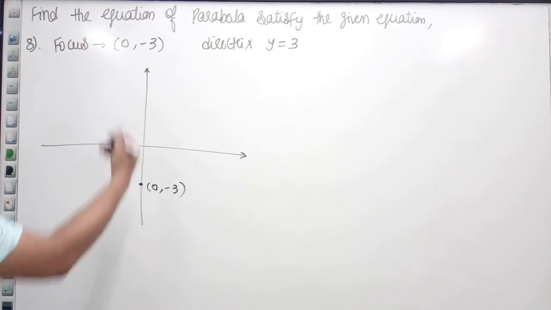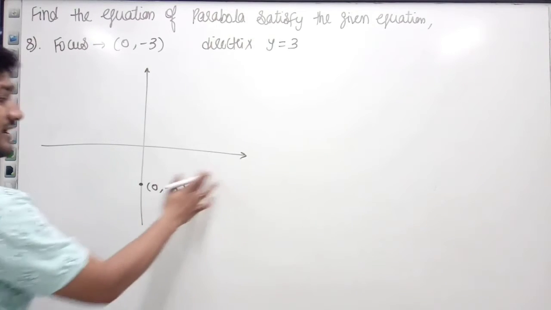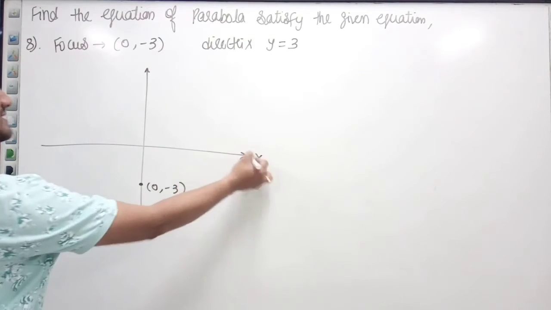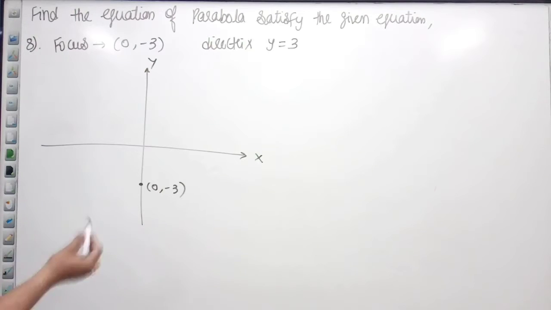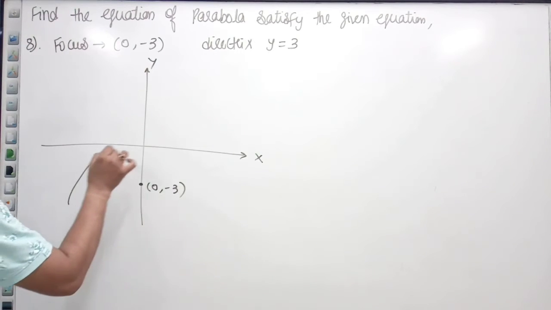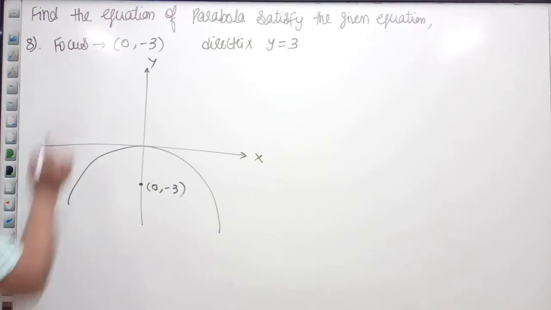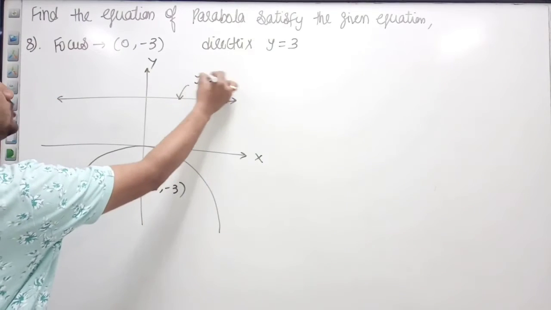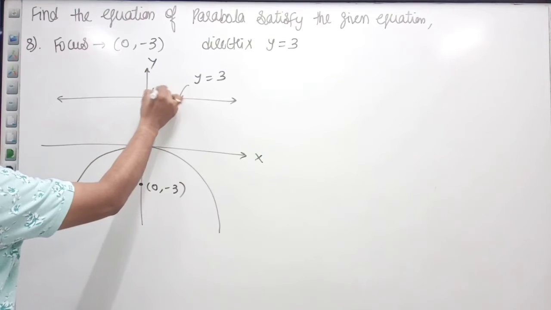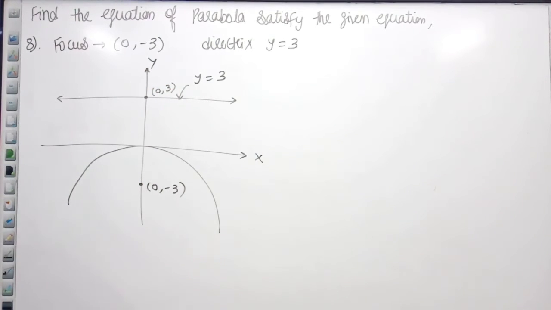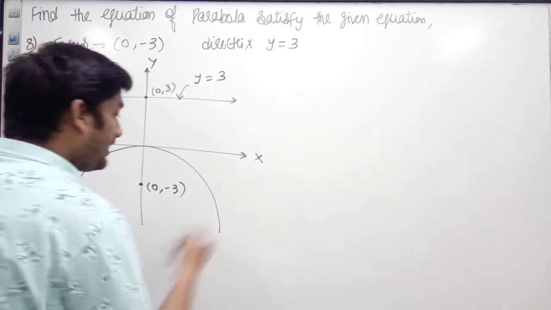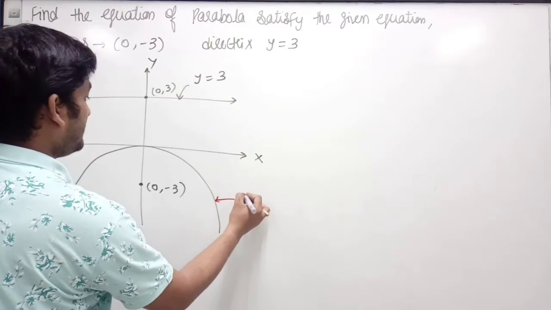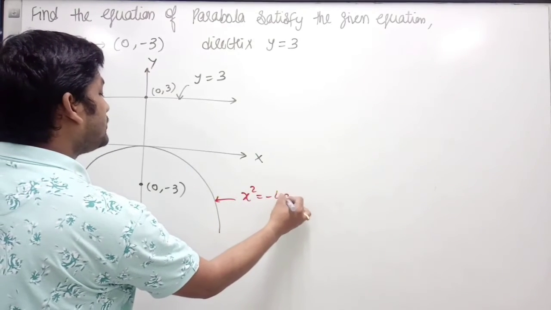Right? Focus is towards the y-axis and below the x-axis. Right? Now the parabola will be downward, and the directrix is y equal to 3. Right? This point is (0, 3). Now you can easily say, so this is the equation of parabola, that is x square equal to -4ay.